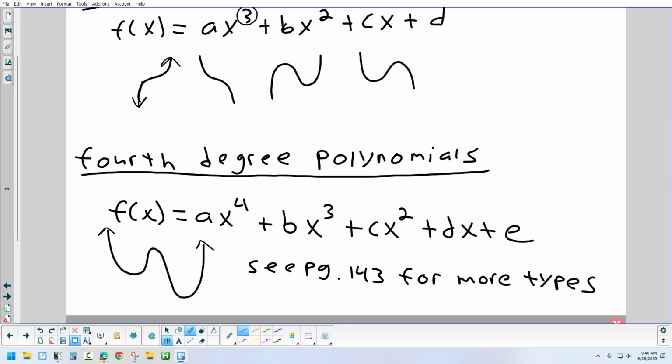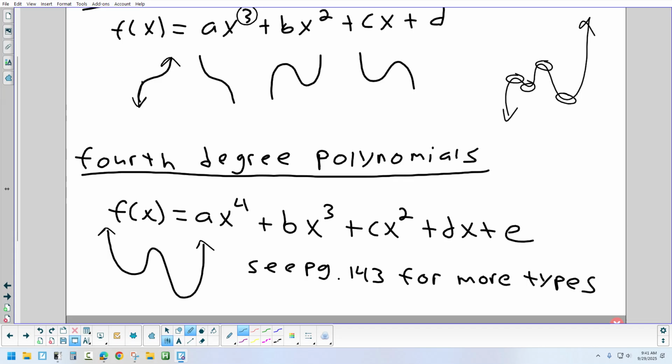And if you do a 5th degree polynomial, 5th degree looks similar to a cubic, but it can have more turns in the middle. So a 5th degree could look something like this. Still has one side going down, one side going up. But a 5th degree can turn 4 times. Can turn, doesn't have to turn. 1, 2, 3, 4.